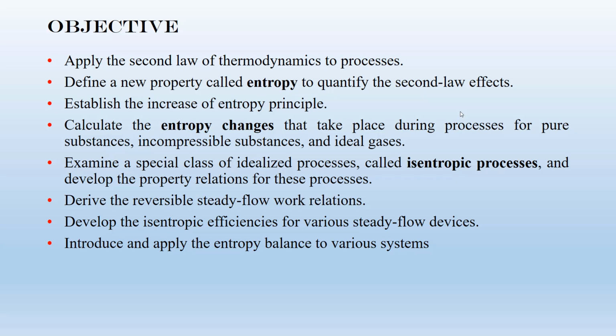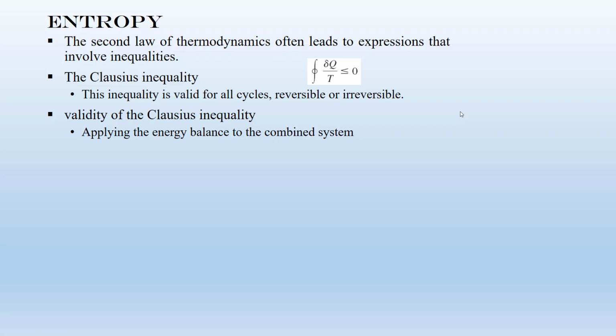So these are the four main topics of this chapter: entropy, entropy changes, isentropic process, and isentropic efficiencies for various steady flow devices. Okay, let's start the first part, the entropy.